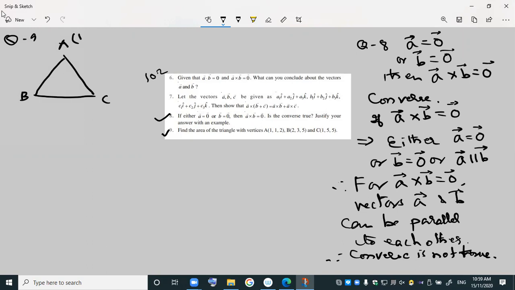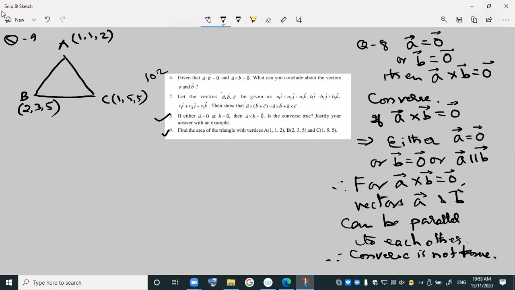The coordinates of A are 1, 1, and 2. Coordinates of vector B are 2, 3, and 5. And the coordinates of vector C are 1, 5, 5. Find the area of the triangle.